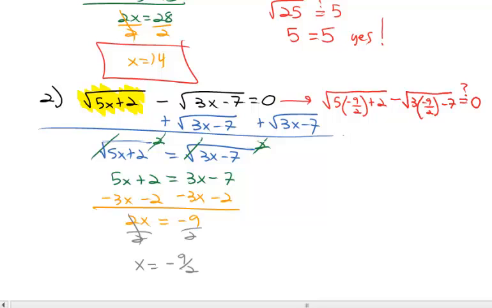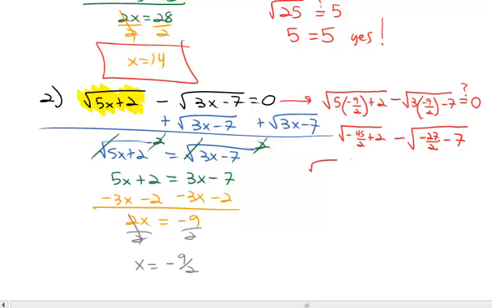Simplifying then, 5 times negative 9 gives us the square root of negative 45 over 2 plus 2 minus the square root of negative 3 times 9 is 27 over 2 minus 7.